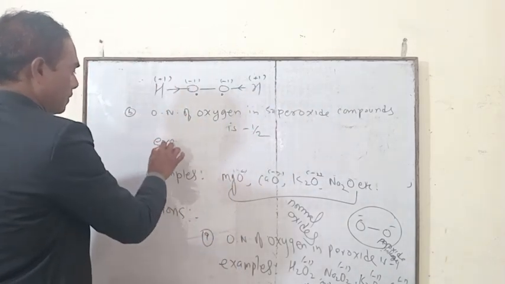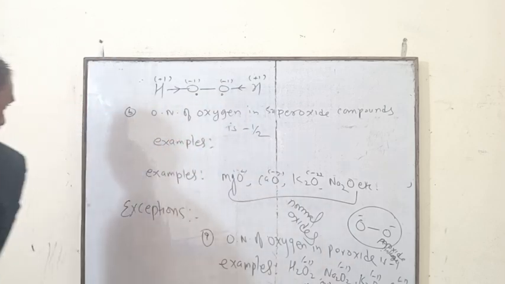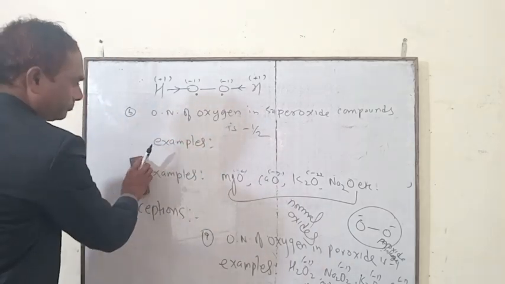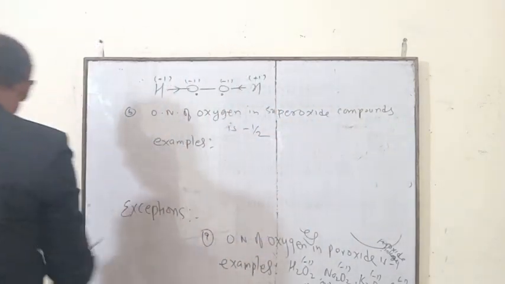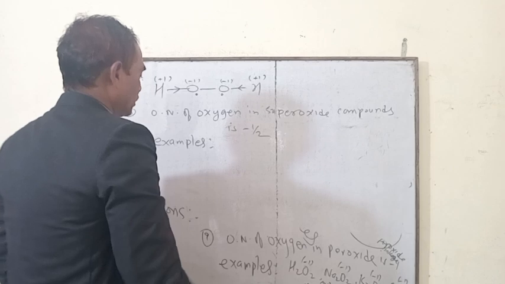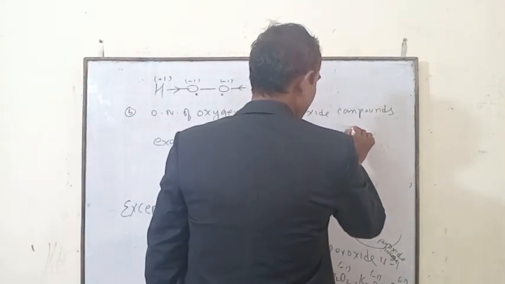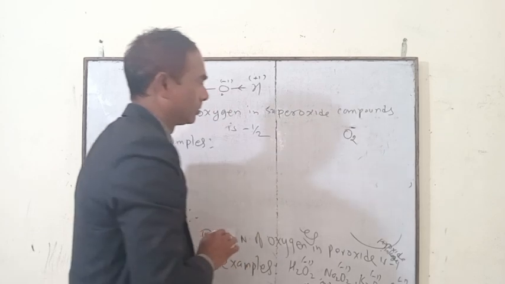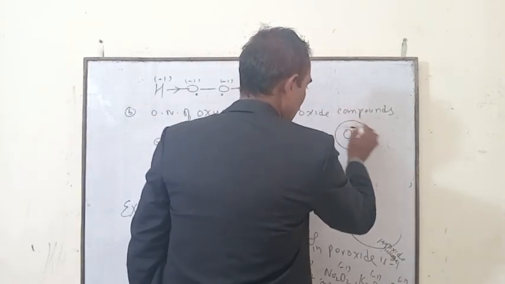Examples like... superoxide format is this: oxygen, O2, 1 negative charge. This is your superoxide.